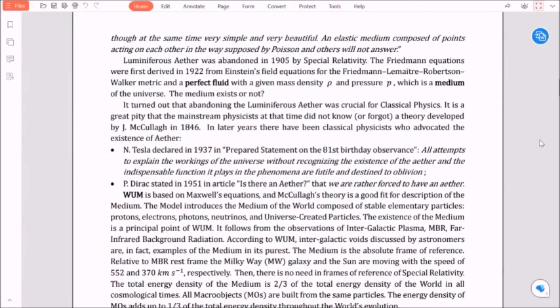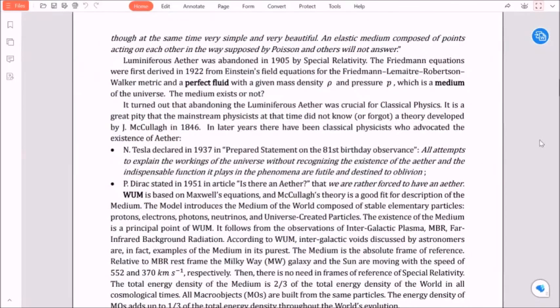The Friedmann equations were first derived in 1922 from Einstein's field equation for the Friedmann-Lemaître-Robertson-Walker metric and a perfect fluid with a given mass density ρ and pressure P, which is a medium of the universe. The medium exists or not?